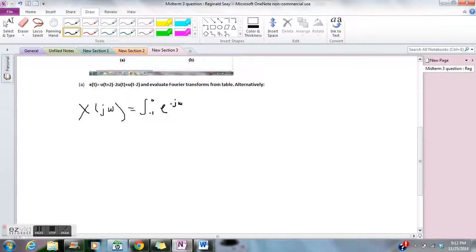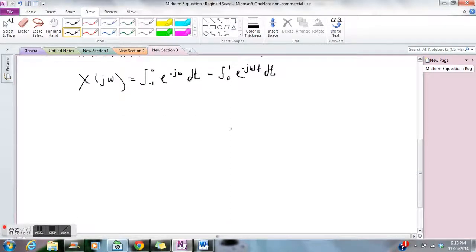To do this, we're going to say x of j omega is equal to the integral from -1 to 0, which is the first part we have, the u of t, the 2u of t, and the u of t plus 2, and that is the integral from 0 to 1 of e to the negative j omega t dt, and then we're going to subtract the integral from 0 to 1 of e to the negative j omega t.